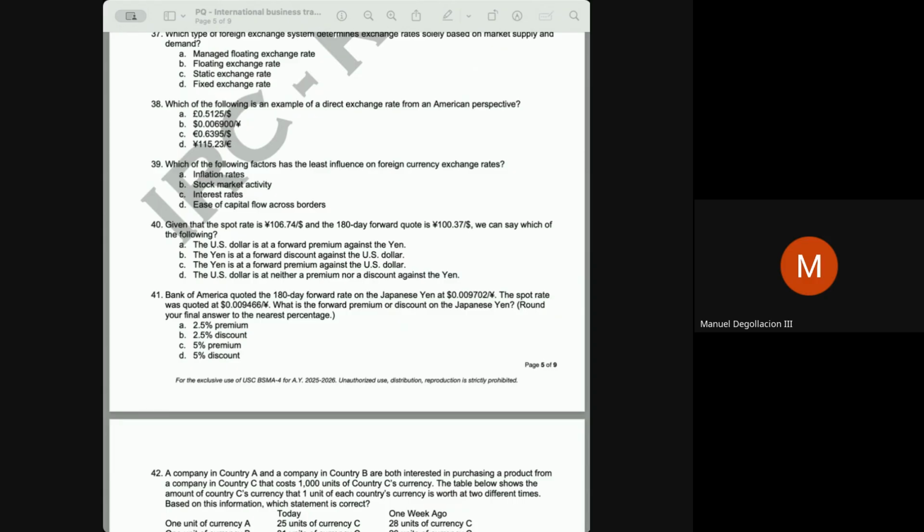In 6 months, we expect that $1 will only be equivalent to 100 yen. So basically, the yen would be at a discount. We expect the equivalent yen to be lower.